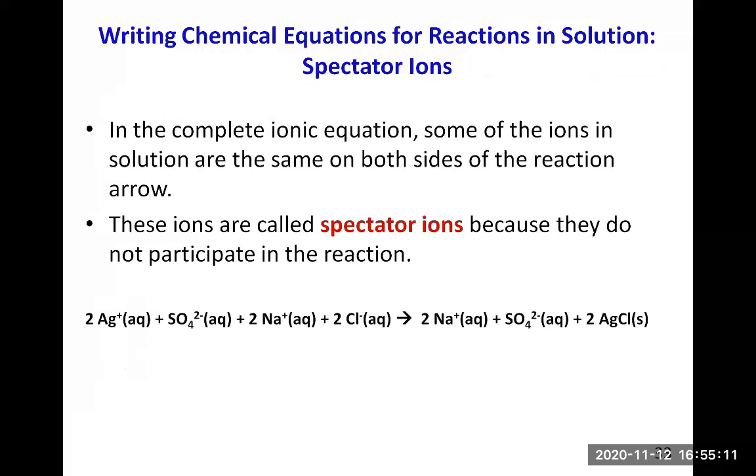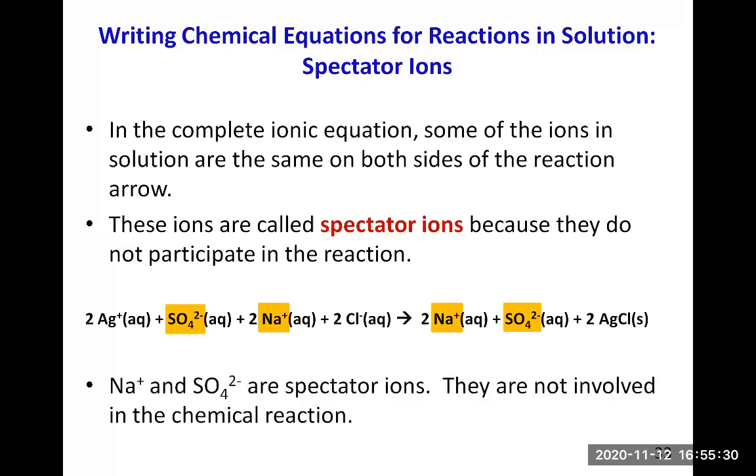So if we look at the complete ionic equation again, you can see that on both sides you see the sulfate ion, SO4 negative 2, exactly the same on both sides. Another thing that is the same is the 2 Na plus, same on both sides. So these Na plus and SO4 negative 2 are spectator ions.